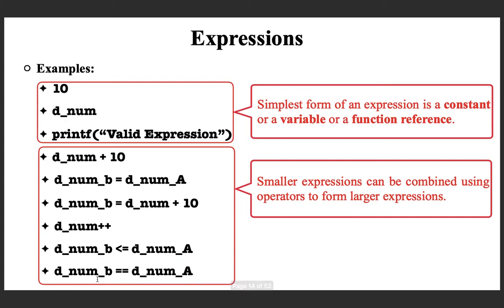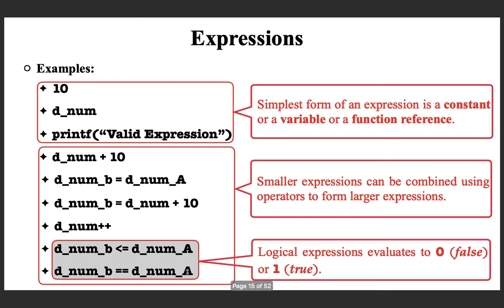Another example is this, and note that this is single equals and this is double equals, and these are two different operators in C. This is assignment and this is comparison. So I am saying that the values in the decimal variables num b and num a are same.